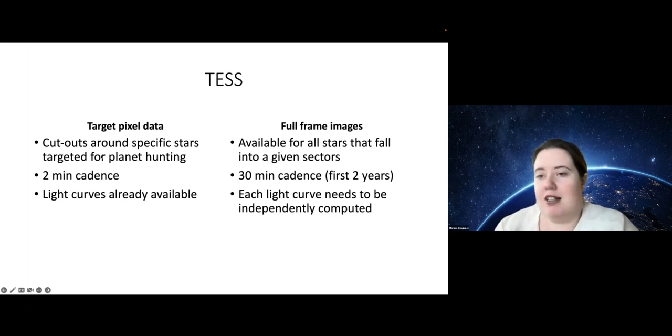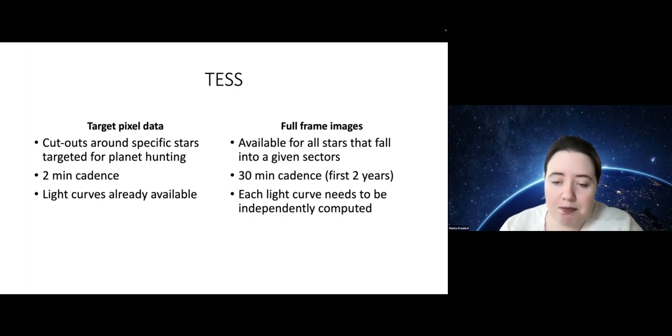The problem is that these full frame images contain a lot of stars, and it is very computationally intensive to generate light curves for all of them. So they haven't been pre-processed. There are tools out there that will help you generate light curves from these full frame images, but it still takes some time to generate light curves for even a few thousand stars.